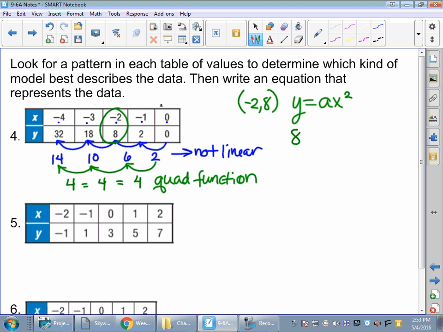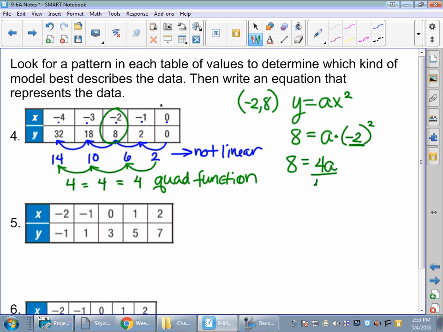I'm going to plug 8 in for y. a is what we're trying to find. And I'm going to square -2. I'm going to put parentheses around it because I learned in the last sections that if you square a negative, it becomes a positive. And so 8 is equal to (-2) squared, which is 4, times a.